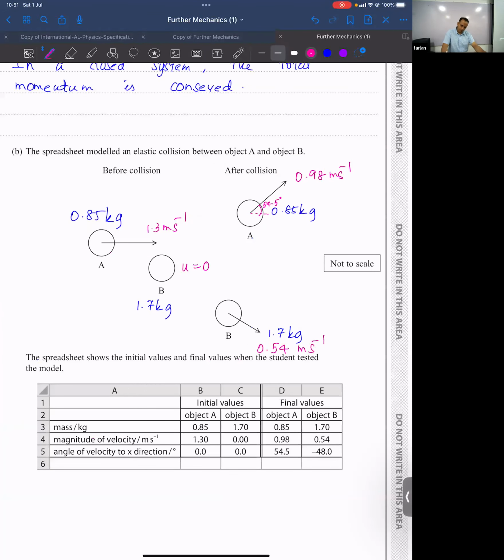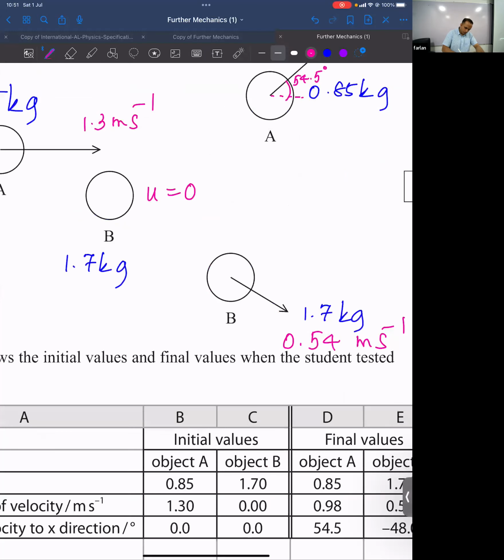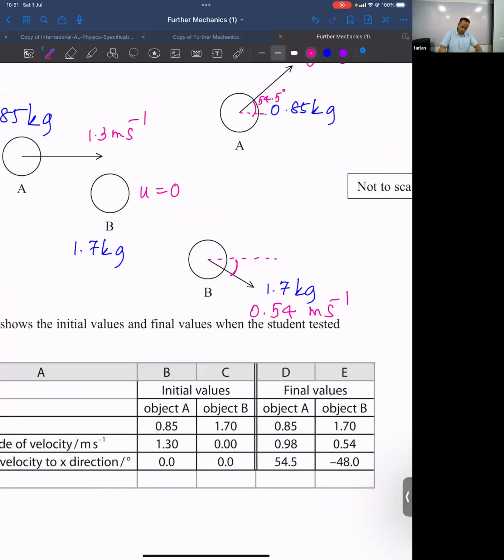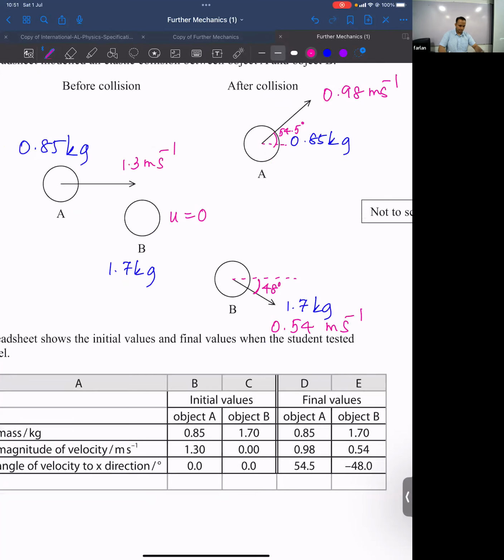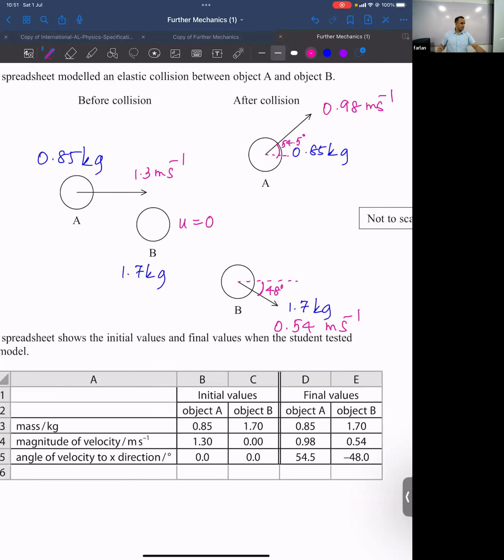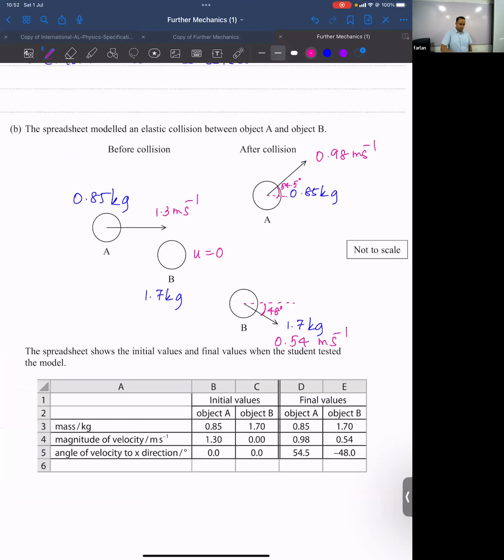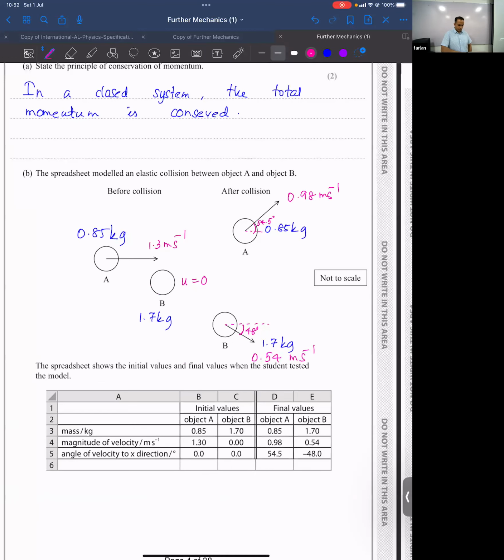For B it is minus 48 degrees, because it is below the x-axis. So this angle is 48 degrees. I have marked everything in the diagram.